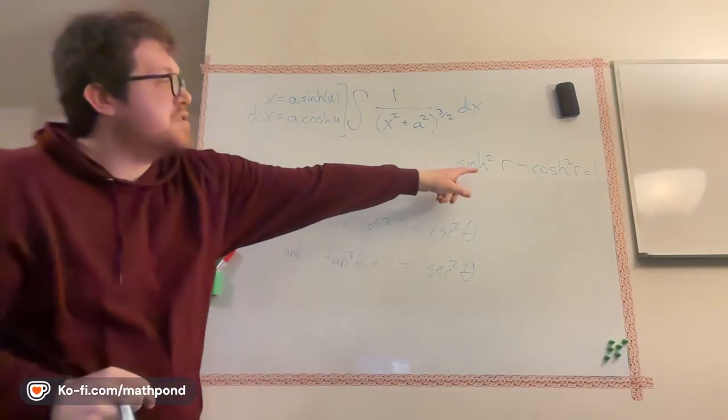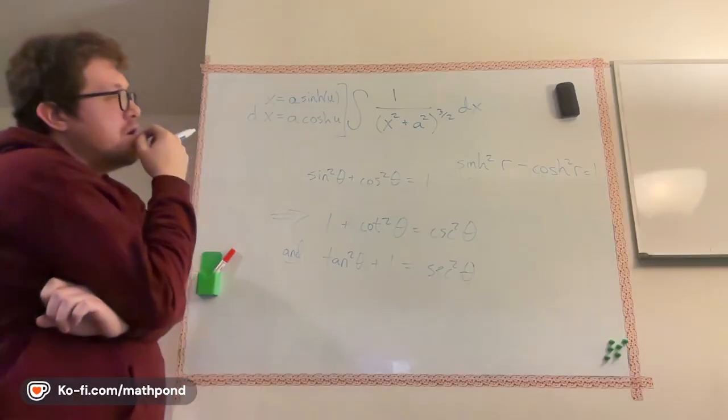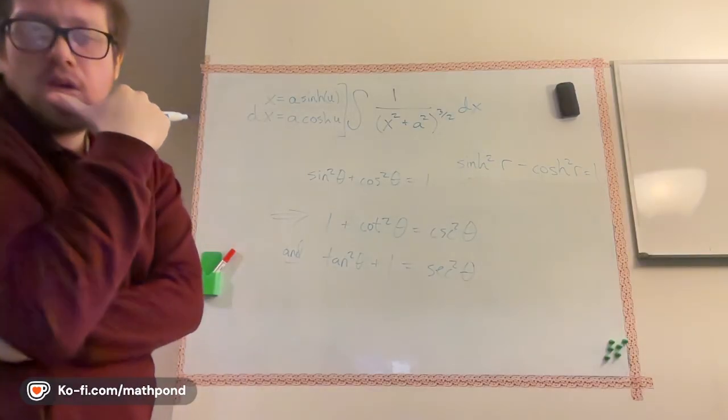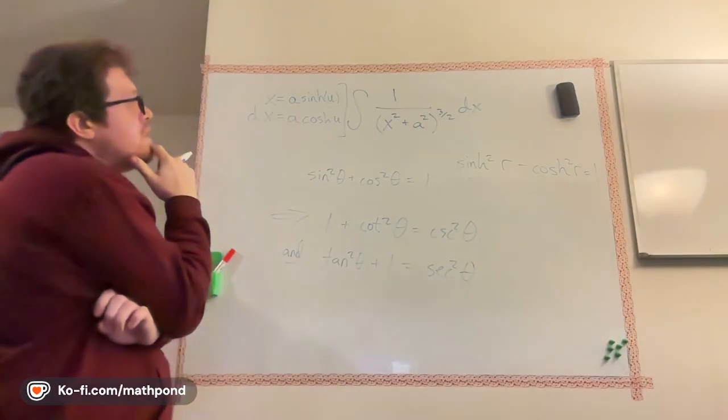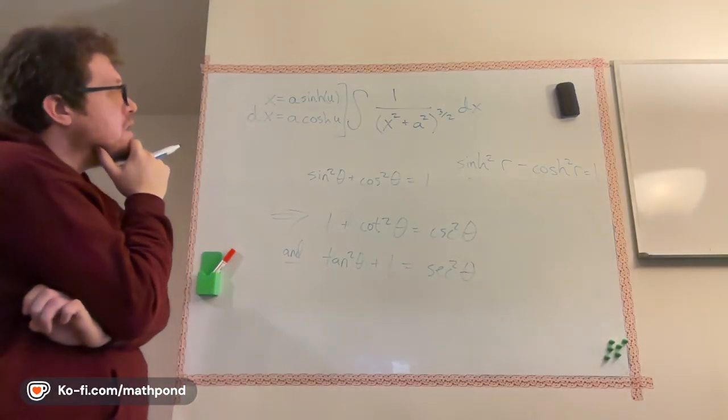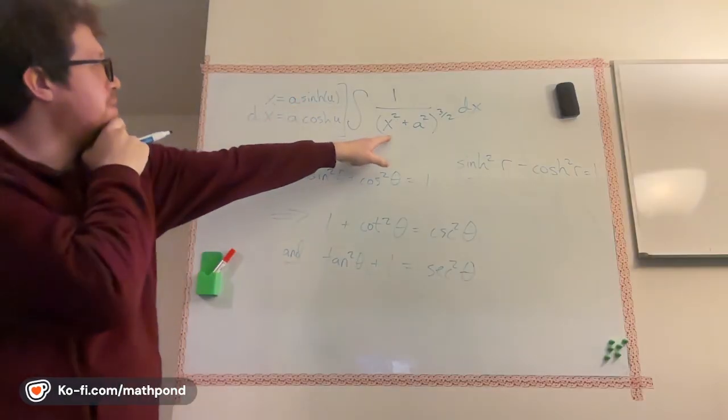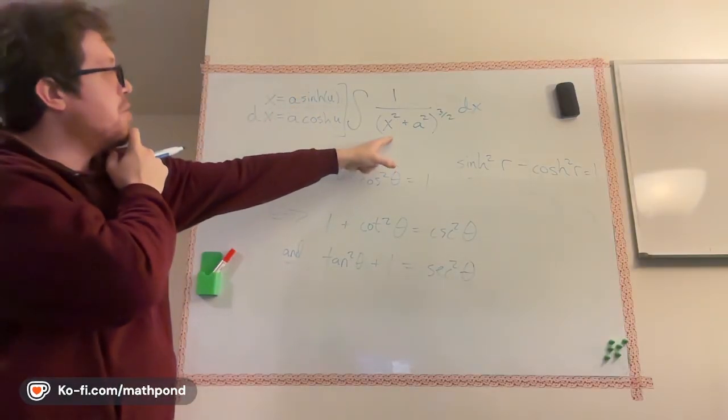Am I remembering this wrong? We can do this substitution, but then I'm going to get a hyperbolic sine squared.